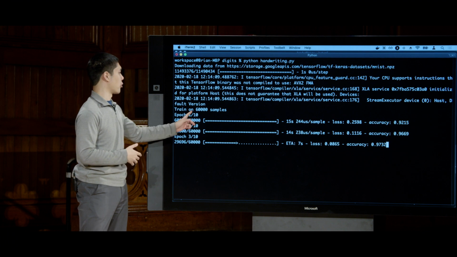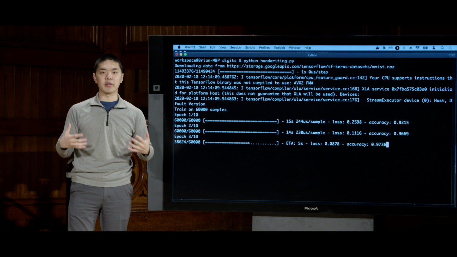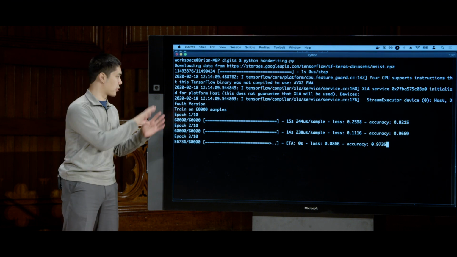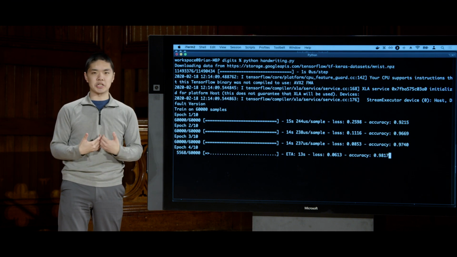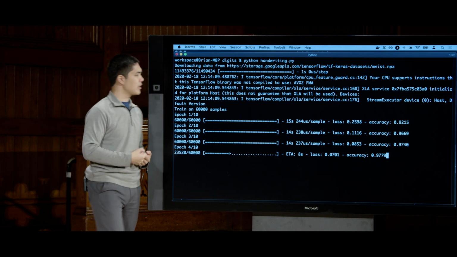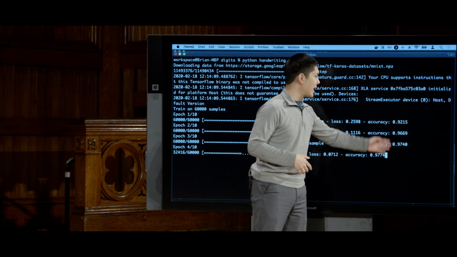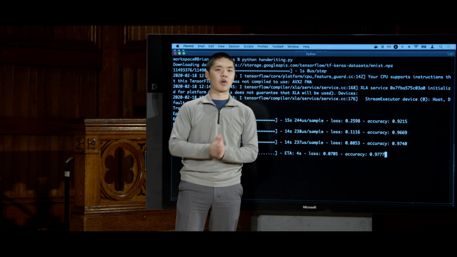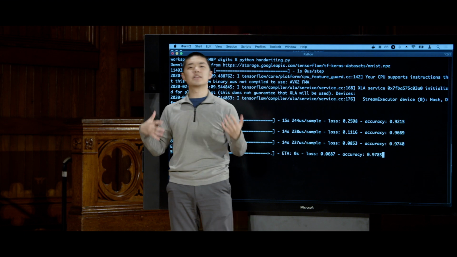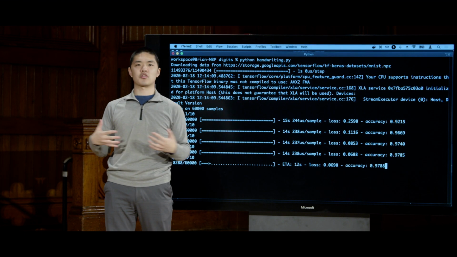So here we're going through 60,000 different samples of handwritten digits. And I said we're going to go through them 10 times. So we're going to go through the data set 10 times, training each time, hopefully improving upon our weights with every time we run through this data set. And we can see over here on the right what the accuracy is each time we go ahead and run this model. The first time, it looks like we got an accuracy of about 92% of the digits correct based on this training set.